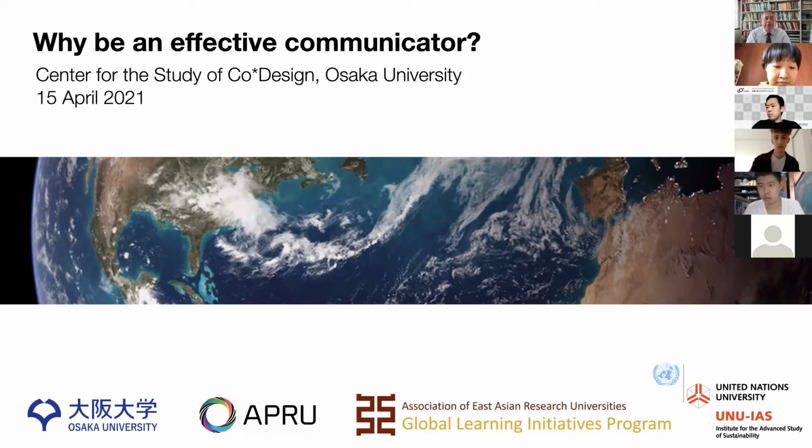Now, as you can see, there's quite a few logos appearing on this slide. So you've got Osaka University. We are the host of this course. And then you have APRU, which is the Association of Pacific Rim Universities. And then there's the Association of East Asian Research Universities. Both of those networks have actually established virtual student exchange programs.